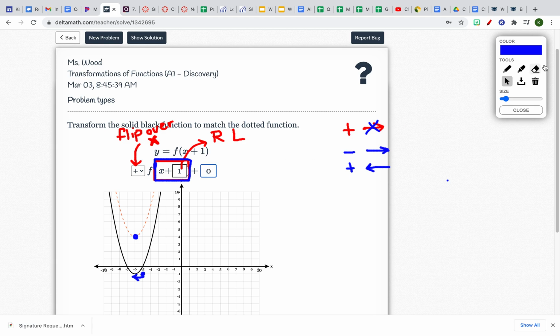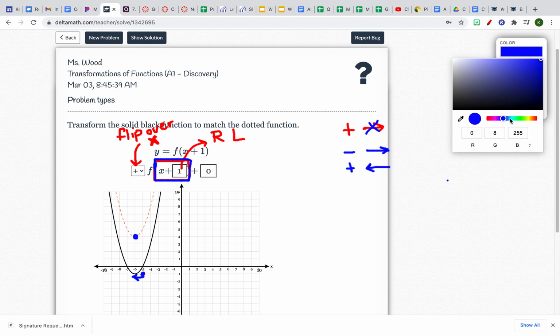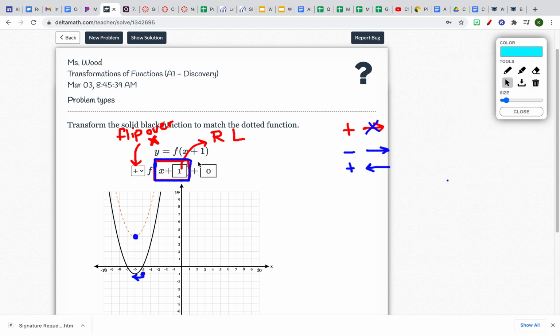And then the last number is going to tell us how much it moves up or down. Now this one is normal. So plus is up and down is negative. So I need it to go up 1, 2, 3, 4, 5. So I'm going to simply type in plus 5.